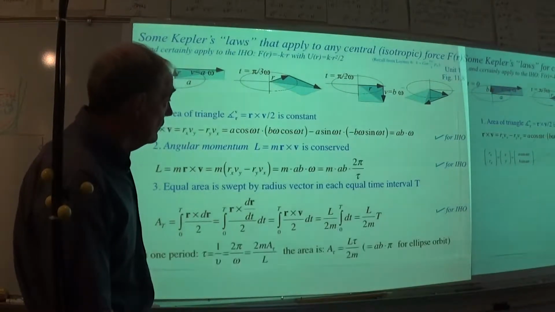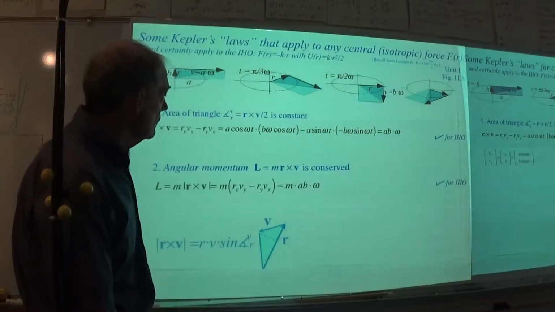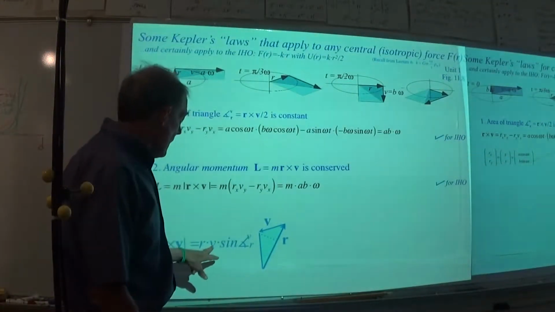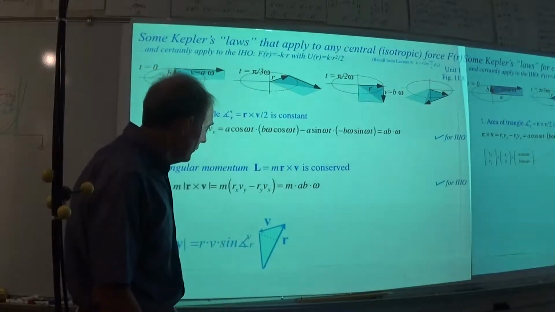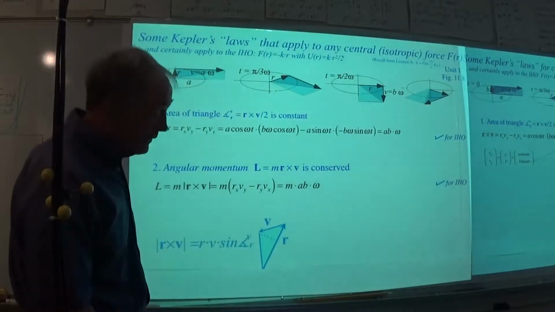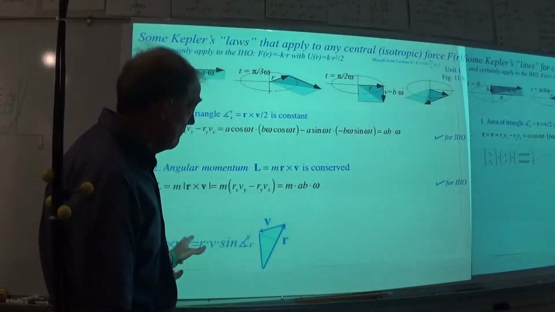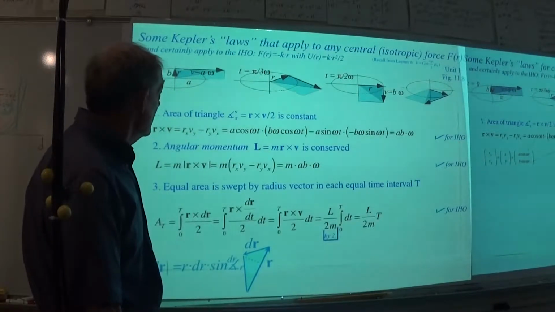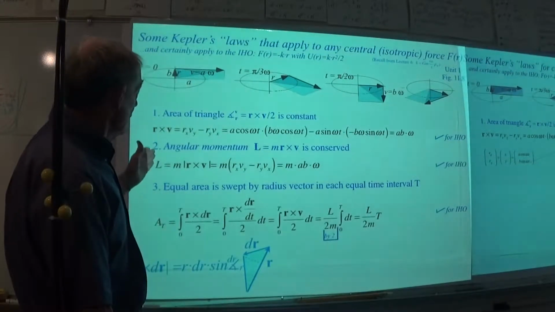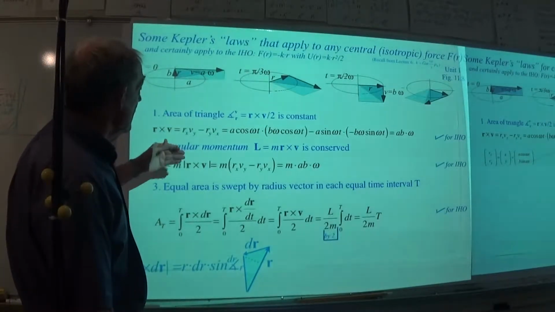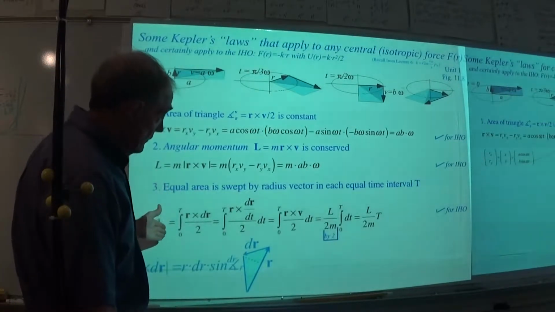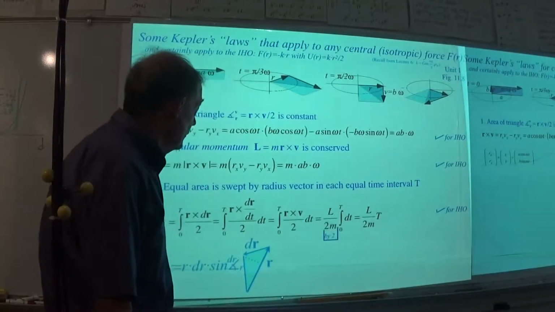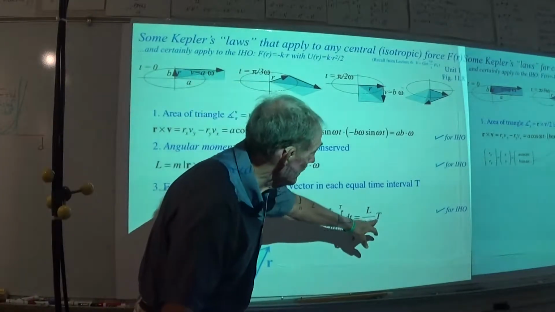Those quantities, R cross V, remember that is the product of this and this and the sine of the angle. That gives you the area of that particular figure there. And the idea is that all of these quantities, area of the triangle, angular momentum, and the area swept, that's what we're calculating right here, that is changing, but it's changing linearly with time.